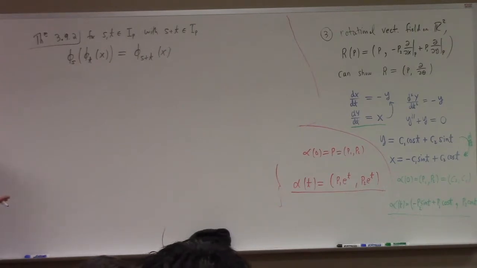He picks a point at the start of the theorem, and he says that I_p is an interval containing 0, right?